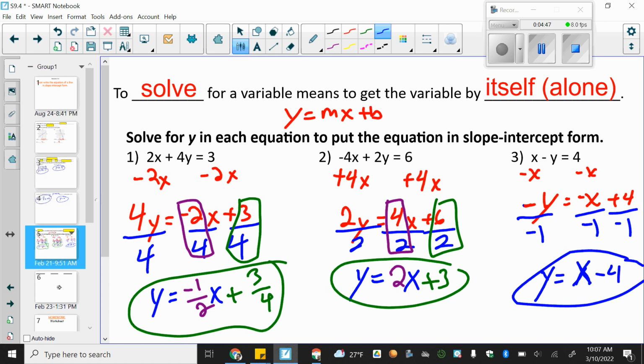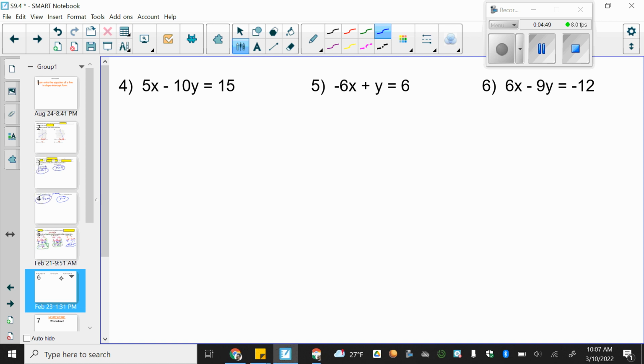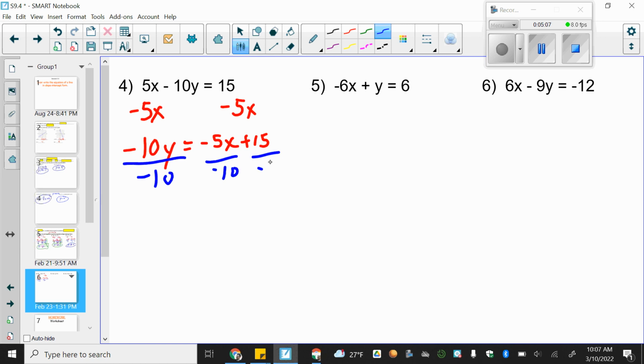All right, last page. More of the same. I'm going to start with this. I'm going to subtract 5x. It's going to give me -10y equals -5x plus 15. Next step's dividing each thing by negative 10. Give me y.